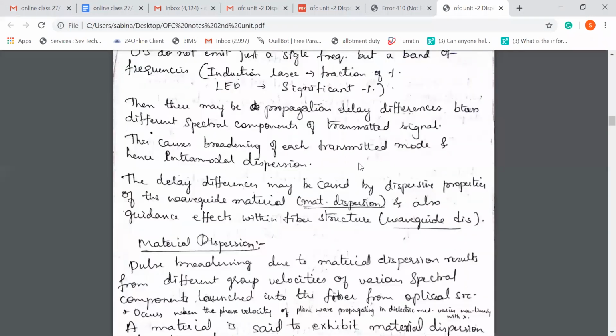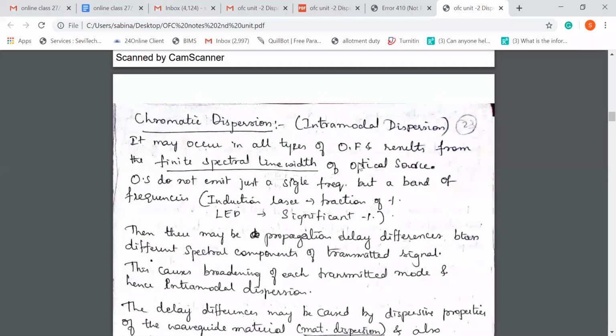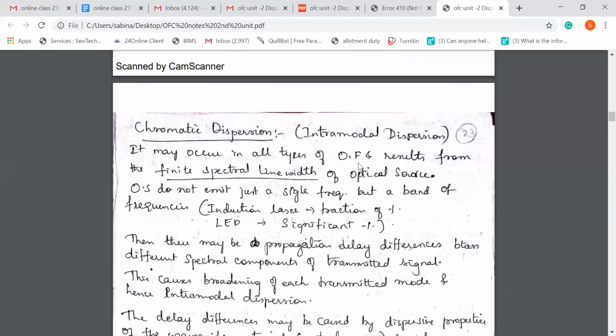No, I explained, right? Chromatic dispersion, intramodal dispersion. You have an optical source, and that particular optical source has different frequencies, and they will travel in different times. That is the reason we have broadening of the pulse.